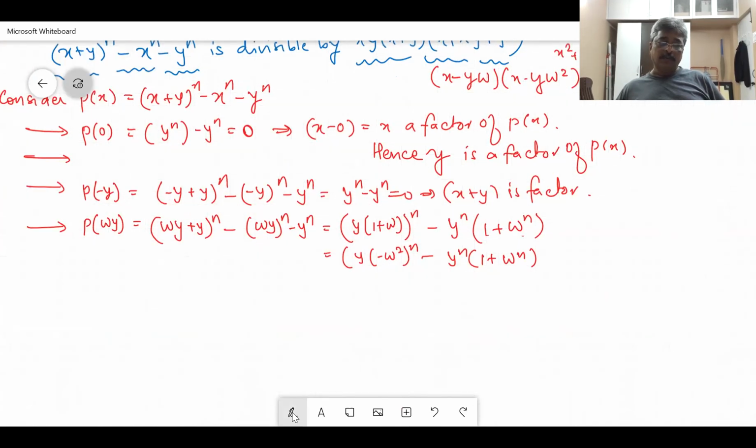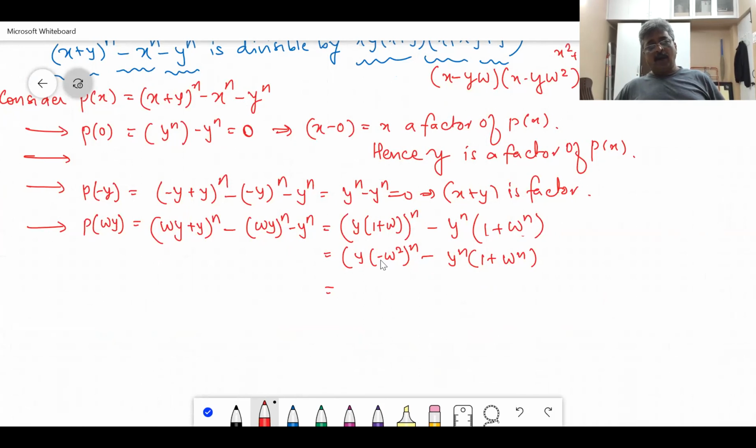Now, what is this? n is odd, therefore minus 1 will survive. So minus omega raised to 2n, y raised to n. Is that right? But you can take y raised to n common again.